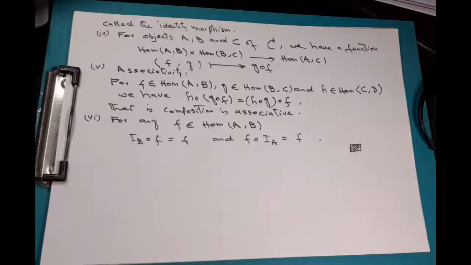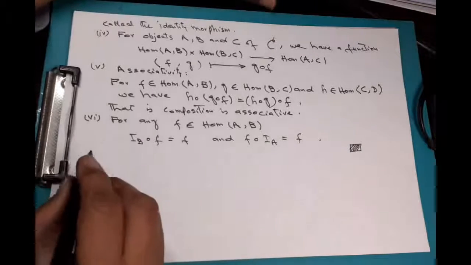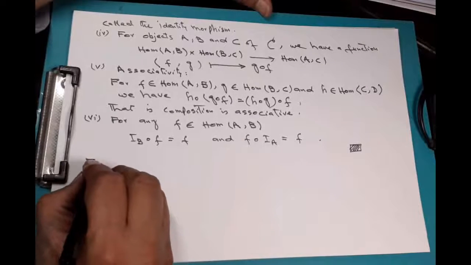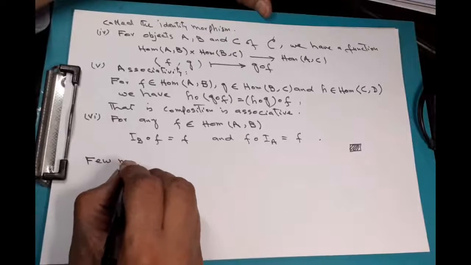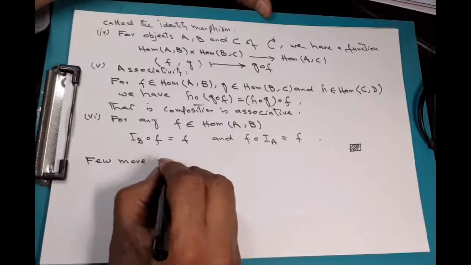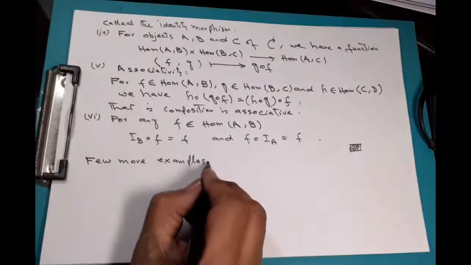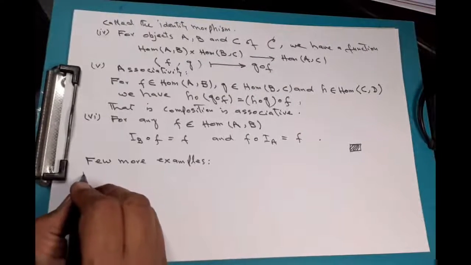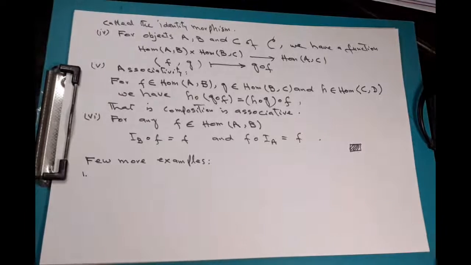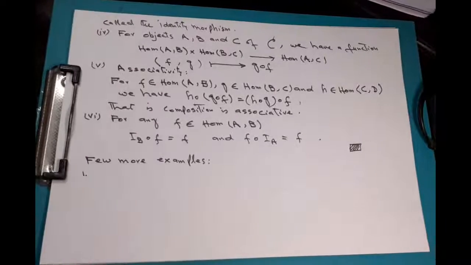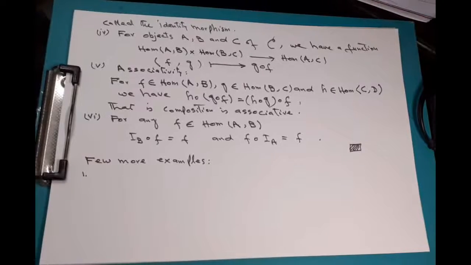Now we see a few more examples. First of all, we have already discussed the category of commutative rings, with objects commutative rings and morphisms ring homomorphisms.